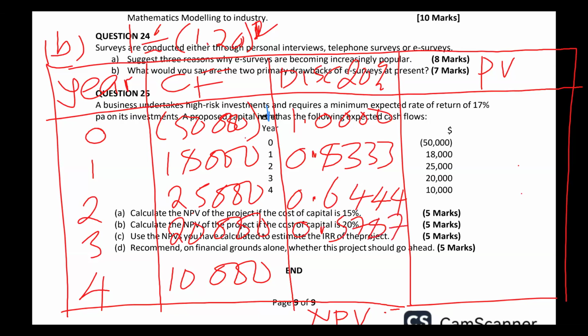So 87, right? Yes. In the fourth year, you raise this to the power 4. It gives 0.48225, 482, 2, 5.